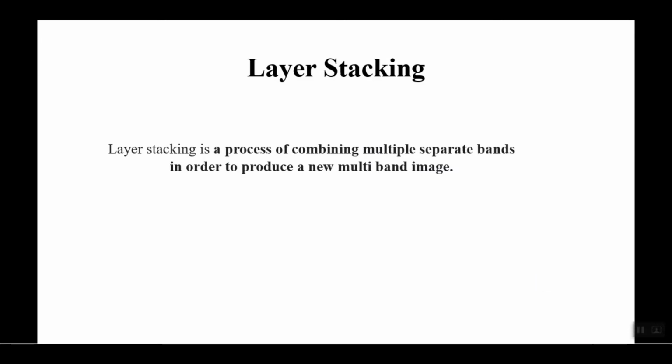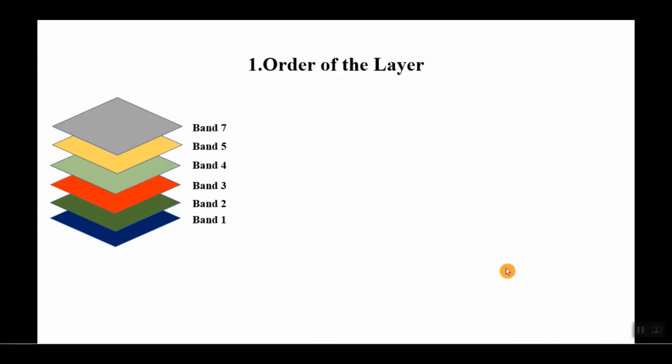The first one is the order of the layers. It is a very important point in the layer stacking process. The layers you want to stack should have some record of their order.